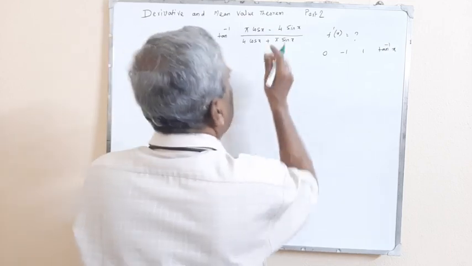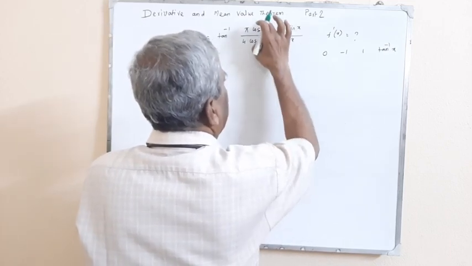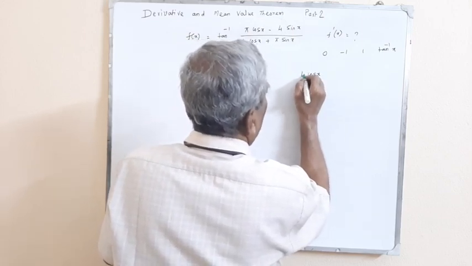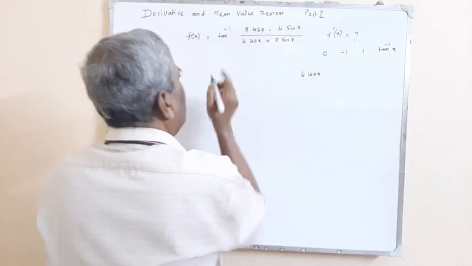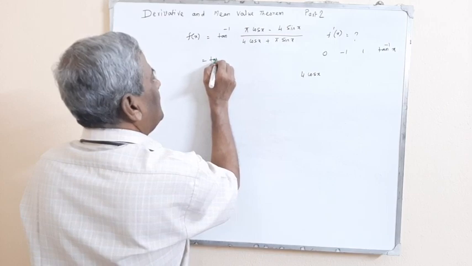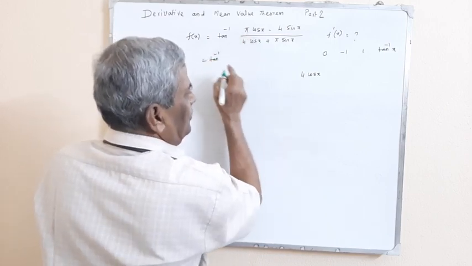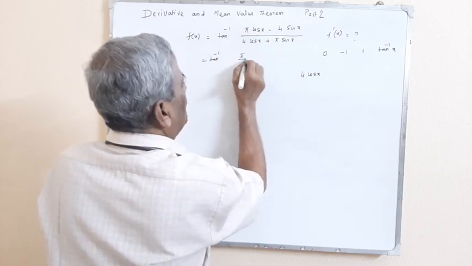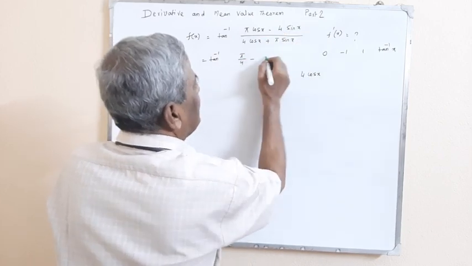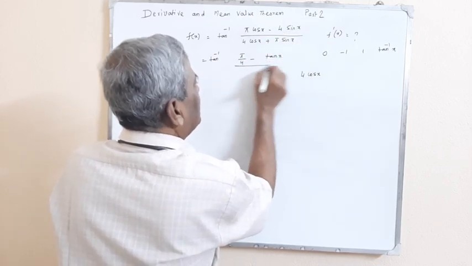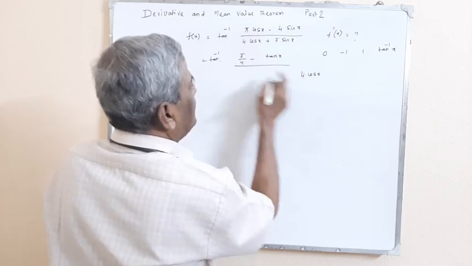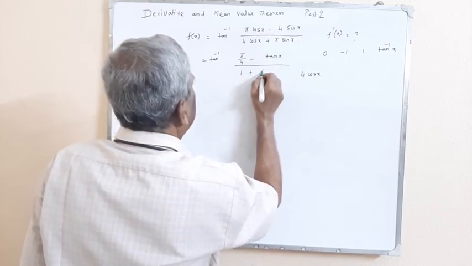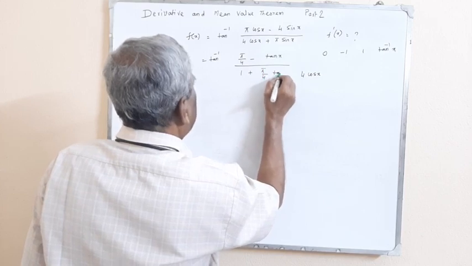For that purpose, divide the numerator and denominator by 4 cos x, so that this becomes tan inverse of (pi by 4 minus tan x), since the 4 cos x cancels, divided by 1 plus pi by 4 tan x.